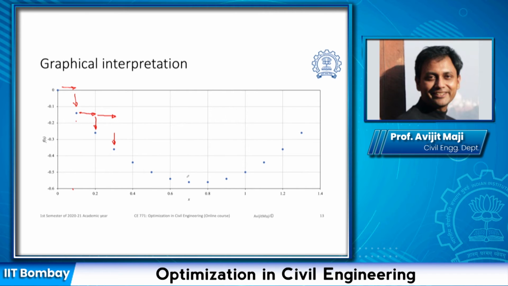So this way, once we reach 0.7, then we took one more step and found out that our function value remains same.